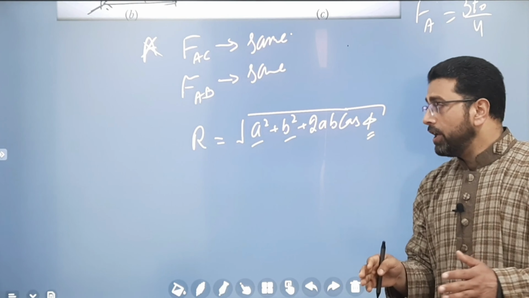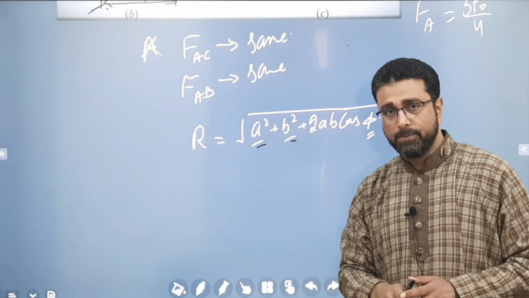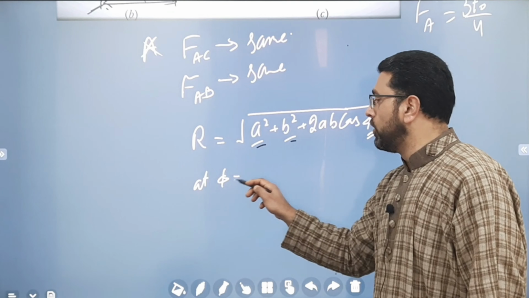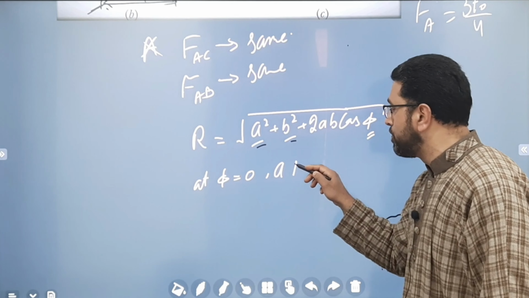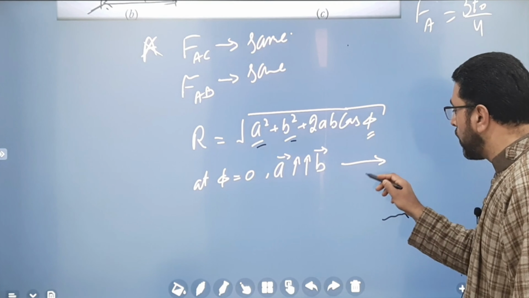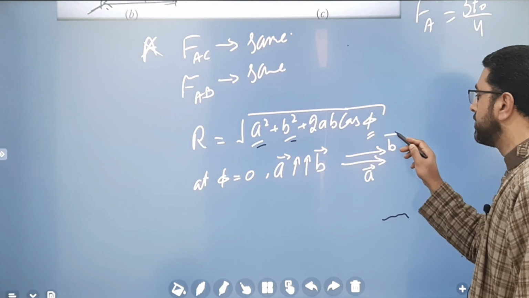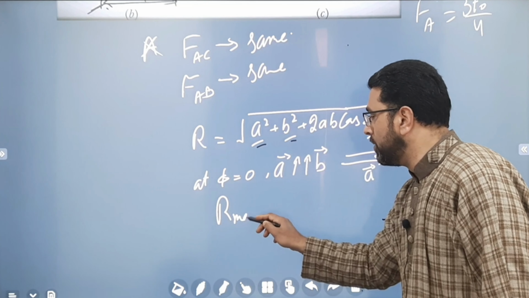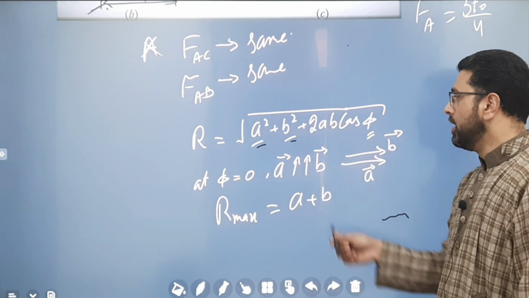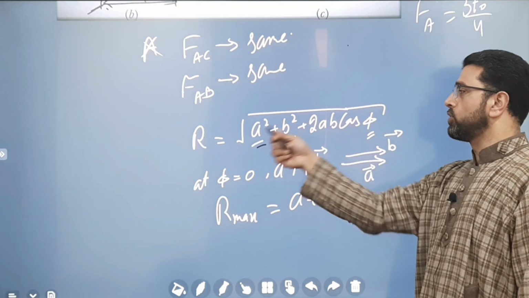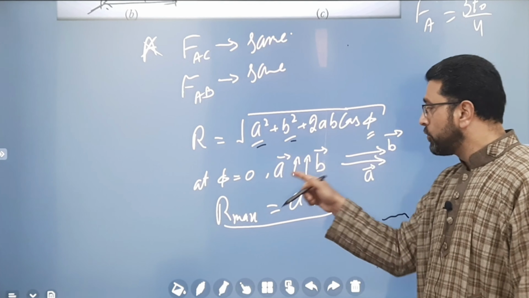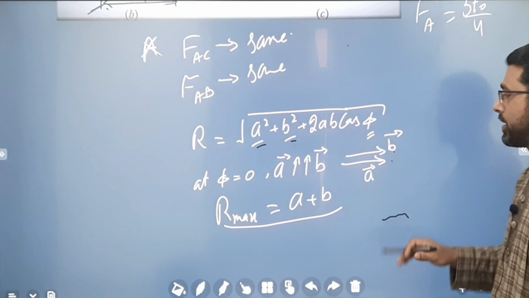And we know if we are allowed to change directions of A and B, then at phi equal to 0, means when A is parallel to B, means when direction of A is same as direction of B, then resultant is maximum, and that maximum resultant is simply A plus B. Phi becomes 0, this will become twice AB, then this will become A plus B whole square, square and root will cancel out. This is the maximum for resultant when two vectors are in the same direction.